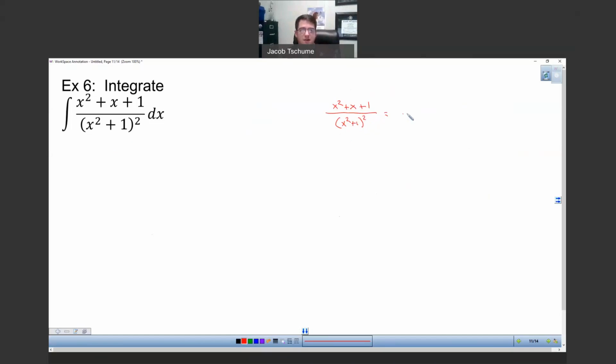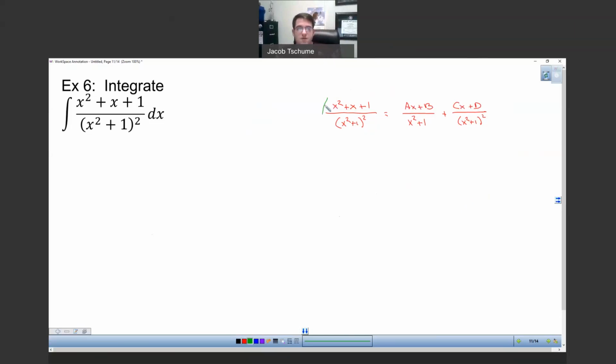So what I'm going to do is I'm going to need one fraction for the first term of x squared plus 1, but I also need a second fraction for the second term of x squared plus 1 since it's repeated. Both of those by themselves are irreducible quadratics. So on top, both of them need linear functions. So I'll have to put an ax plus b on top of the first fraction and a cx plus d on the top of the second fraction.